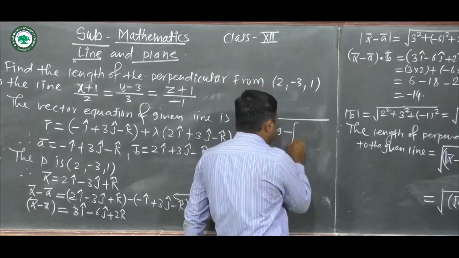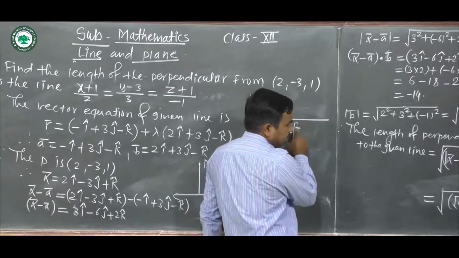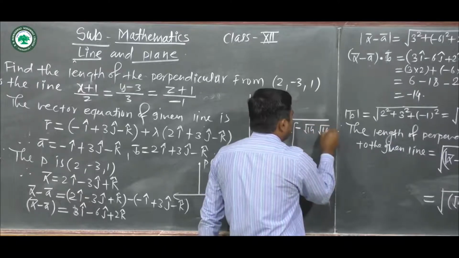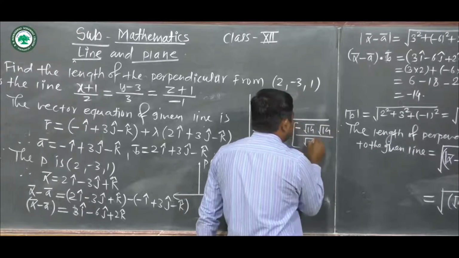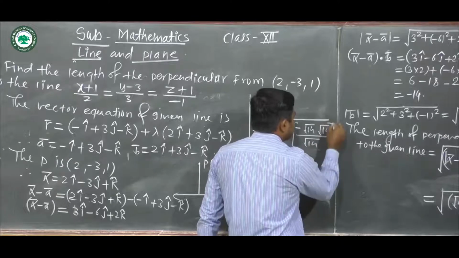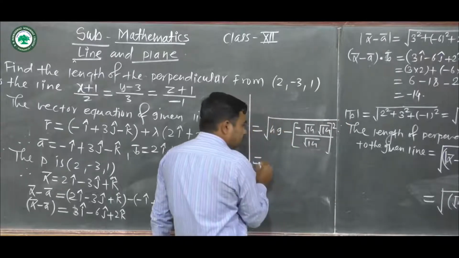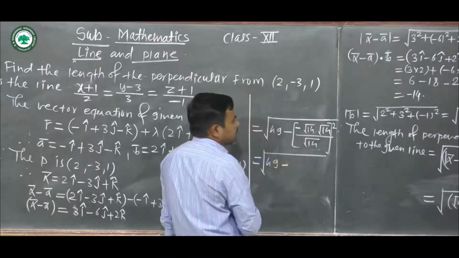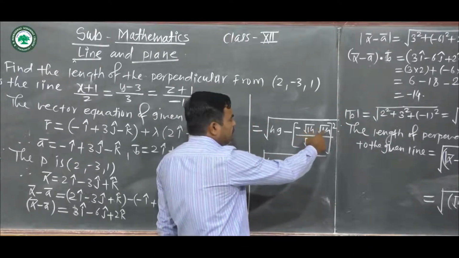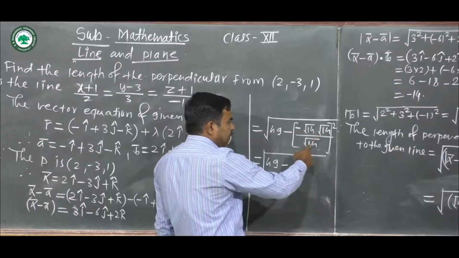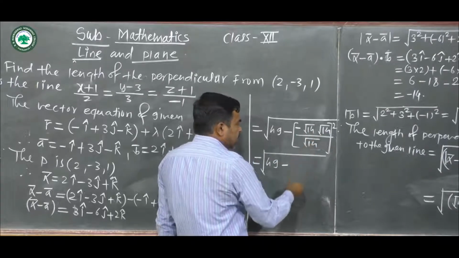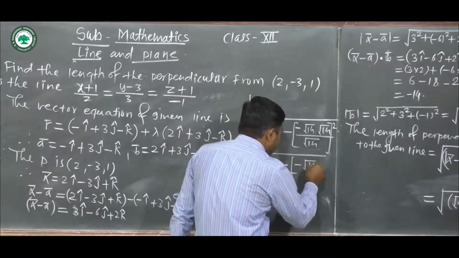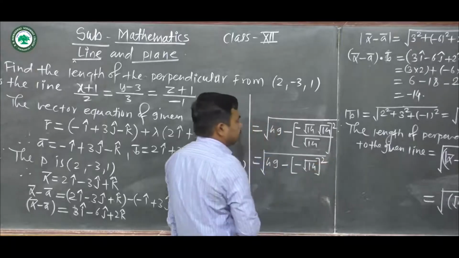This minus 14 can be written as minus, that minus sign as it is, and that 14 can be written as square root of 14 into square root of 14 divided by square root of 14 bracket square. Again it is equal to square root of 49 minus 1 square root of 14, which 1 square root of 14 get cancelled. It is in bracket minus square root of 14 bracket square.